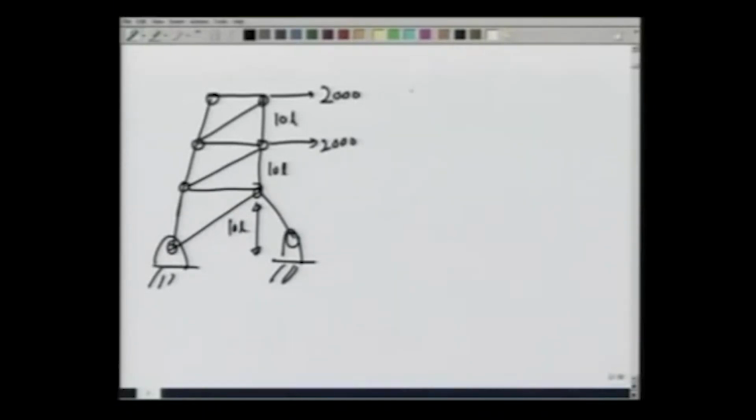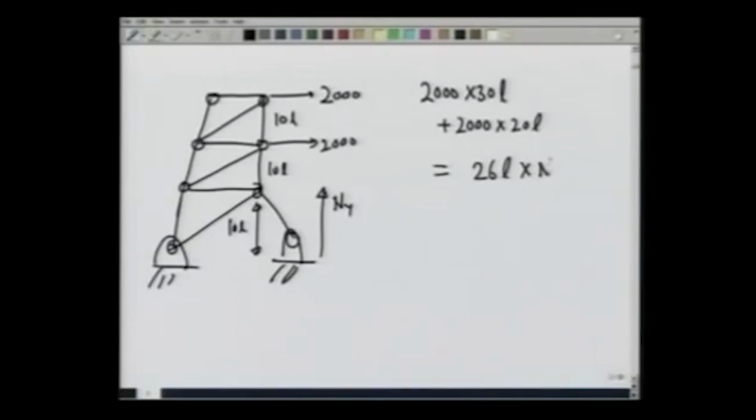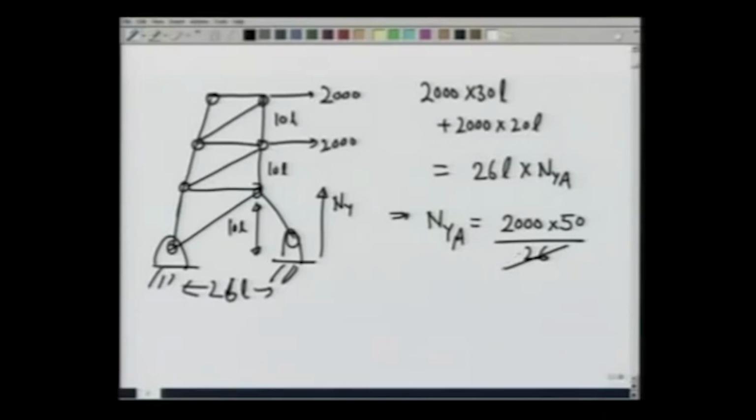Then by torque equation I get 2000 times 30L plus 2000 times 20L should be equal to 26L times NY at A, and this gives me NYA at point A equals 2000 times 50 divided by 26, that is 1000 by 13, equals 50,000 over 13 newtons in the direction shown.